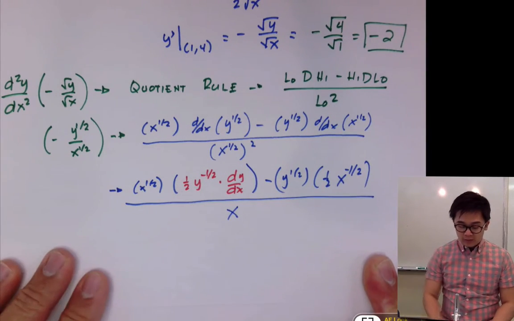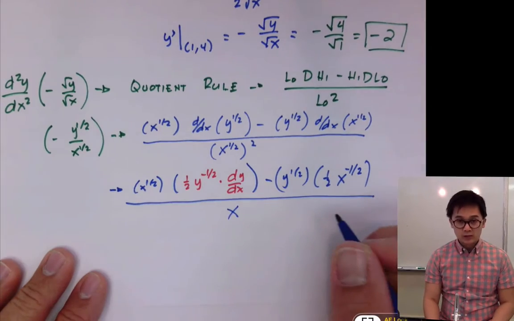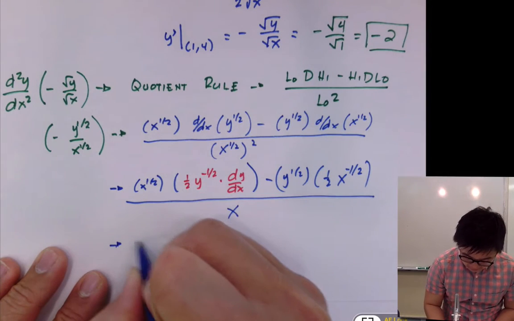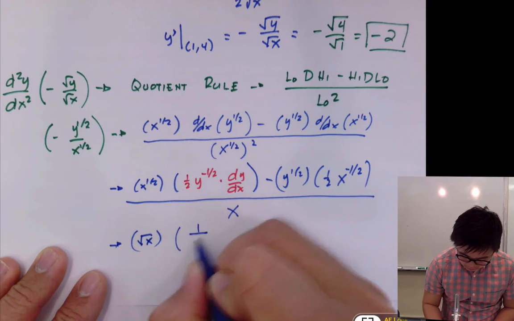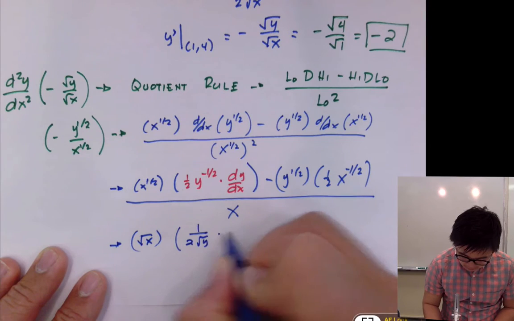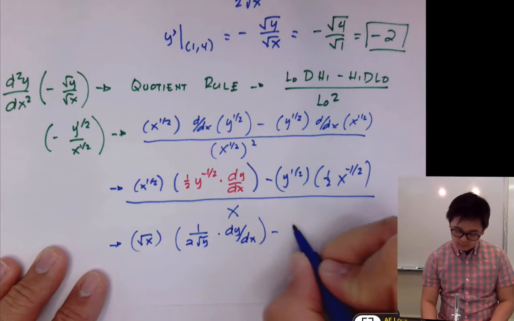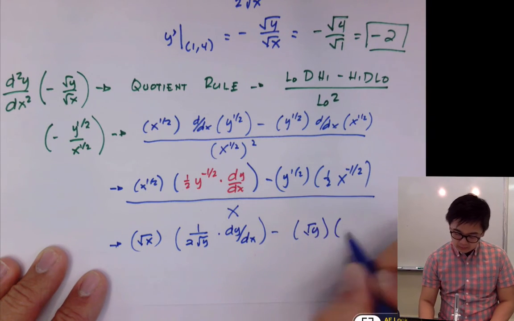So now that we have our derivative, now let's change it back to its square root format. So we'll have square root of x multiplied by 1 over 2 square root of y dy/dx, minus square root of y and 1 over 2 square root of x.